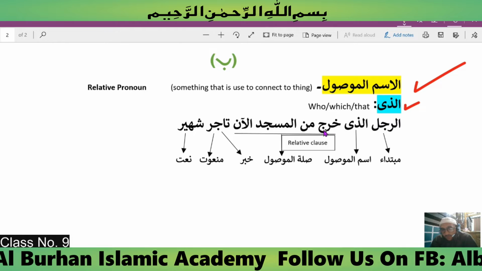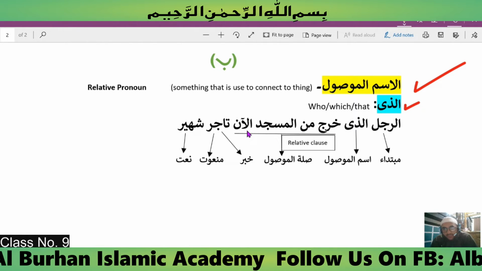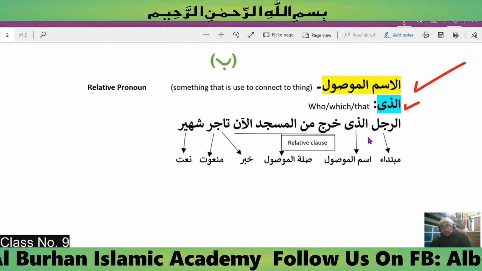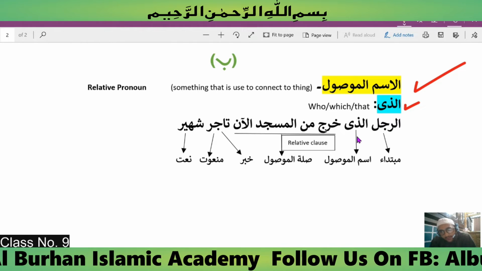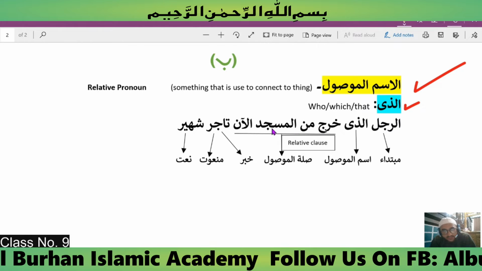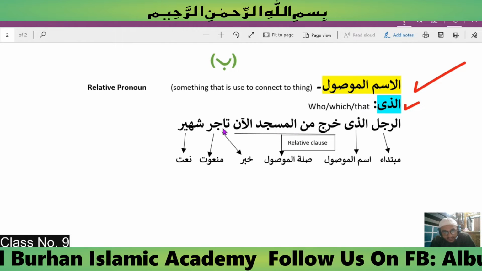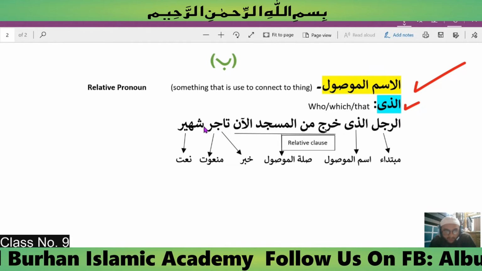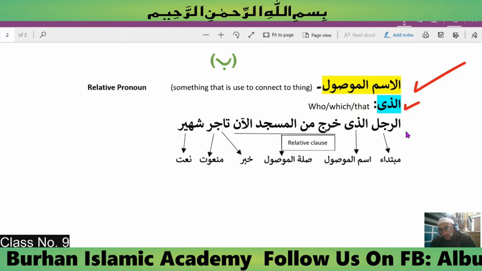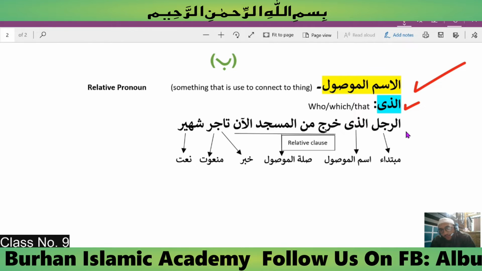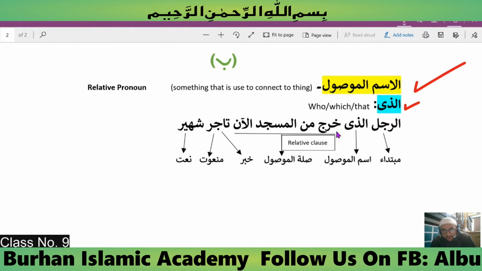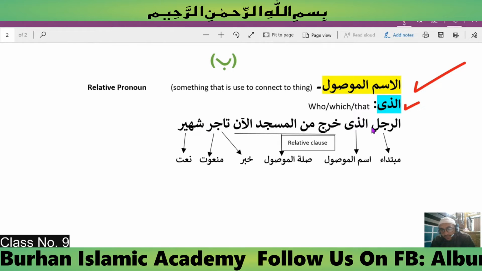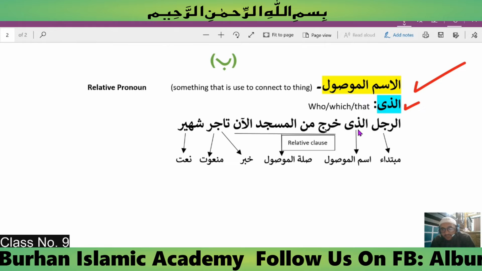الرجل الذي خرج من المسجد الآن تاجر شهير. The man who just left the masjid is a famous trader. الرجل, the man. الذي, who.